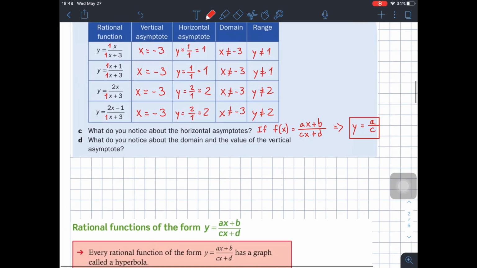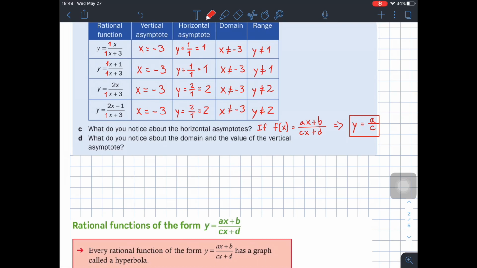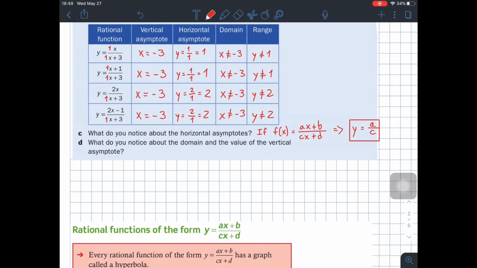Okay, and then part D says, what do you notice about the domain and the value of the vertical asymptote? Okay, so that's something we already know, right? The domain and the vertical asymptote are always referring to the same value, which is, if the domain is x different from -3, that means that the vertical asymptote is x equal to -3. So we are always referring to the same value, right?